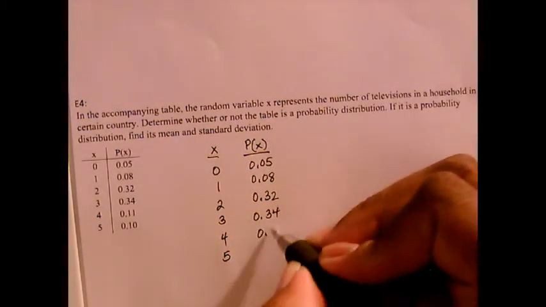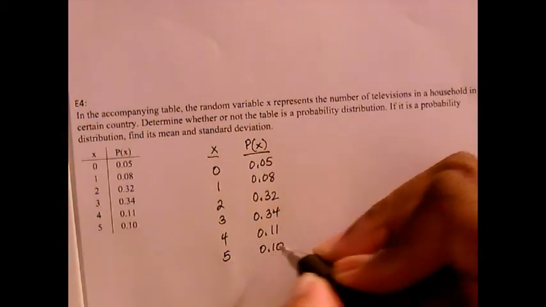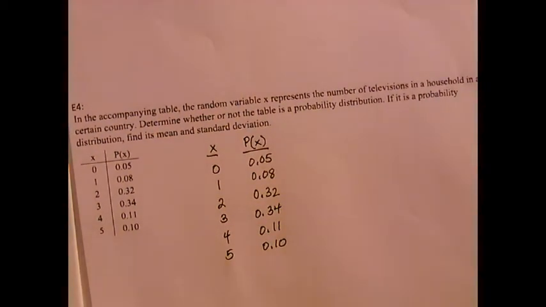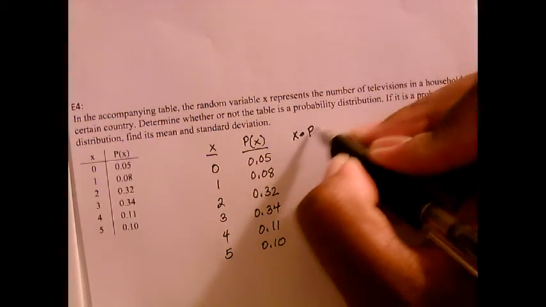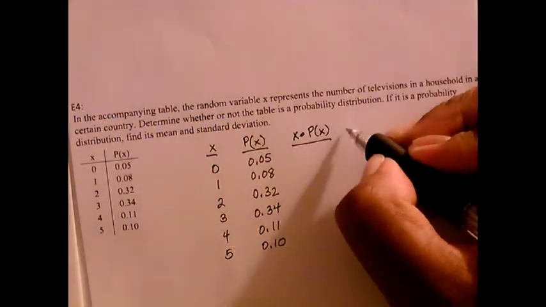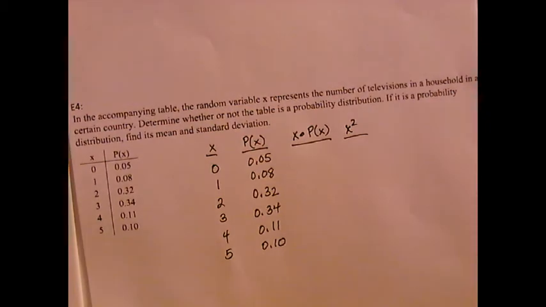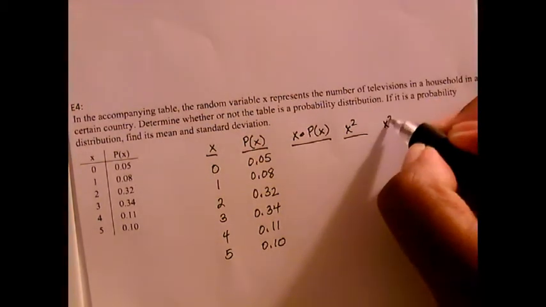And 4 is 0.11. 5 is 0.10. Now these decimals are going to be more friendly than the ones that I did in the other example. Alright, so in this case here, x times p of x, and then x squared, and then x squared times p of x.